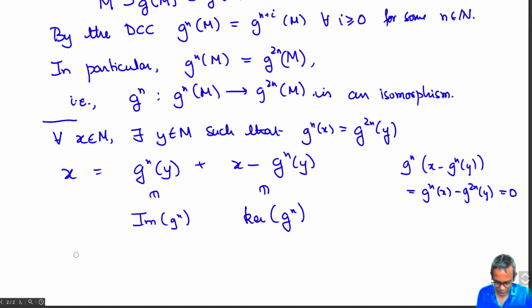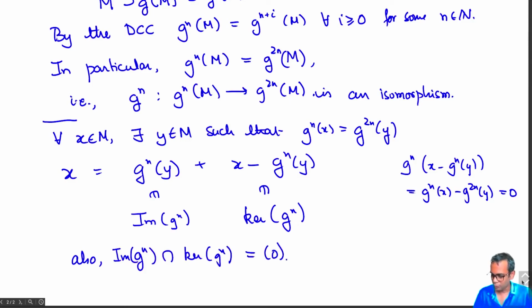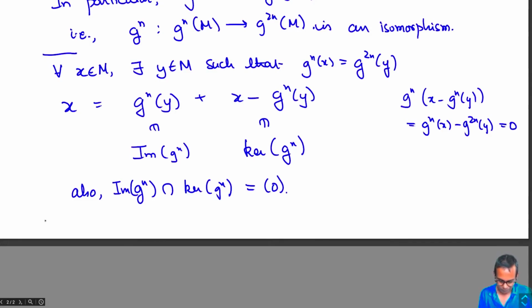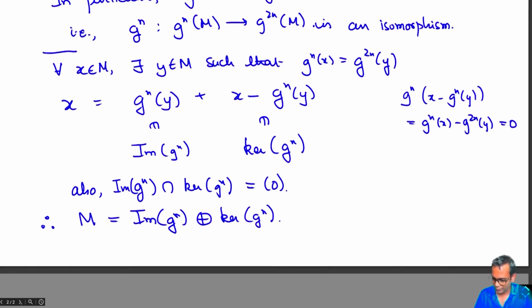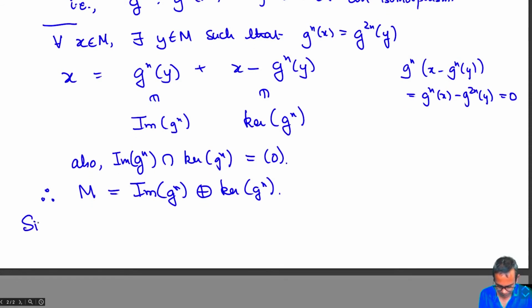So also we have that the image of g^n intersection with the kernel of g^n is 0. So what we get is a direct sum decomposition of M. But M is indecomposable, so there are only two possibilities. One of these summands is the whole thing.